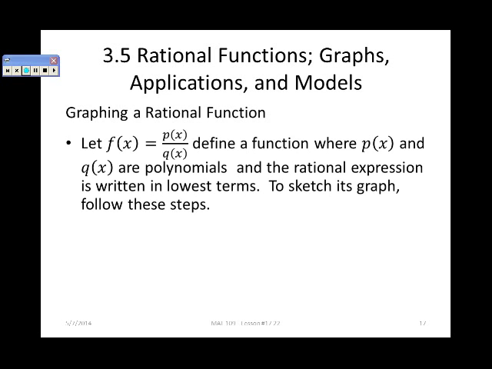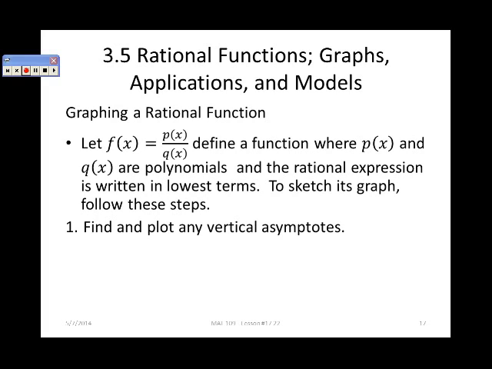So if we're going to graph a rational function, we're still going to have to do some of the things we did previously. We're going to have to know where it crosses axes and things, unless those are asymptotes. First thing is to find the asymptotes and plot, actually draw in, usually with dashed lines, where the asymptotes are.